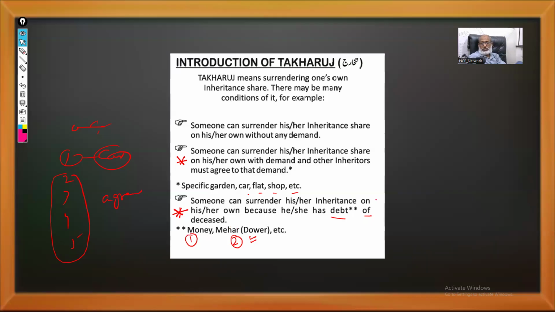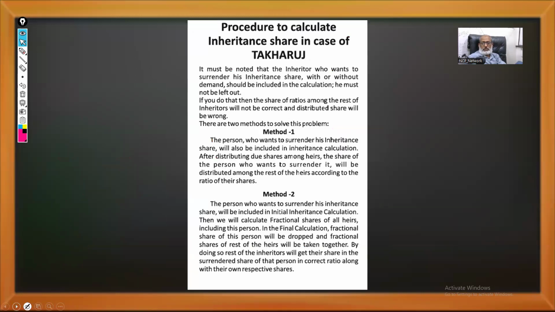So we have two options here, but one more option is there. If somebody wants to surrender his or her estate without any demand, it is also an applicable case. But what is the procedure? We have two methods. If somebody wants to leave his or her inheritance share, we have to include them in the calculation.